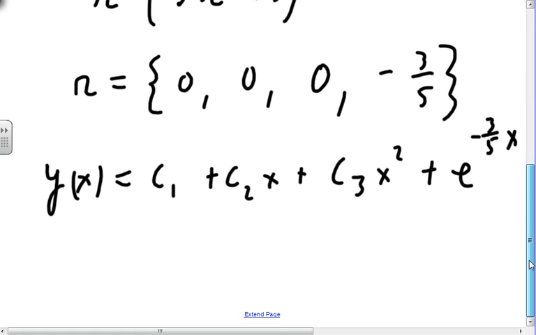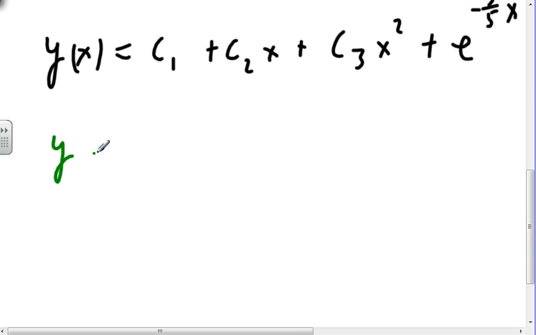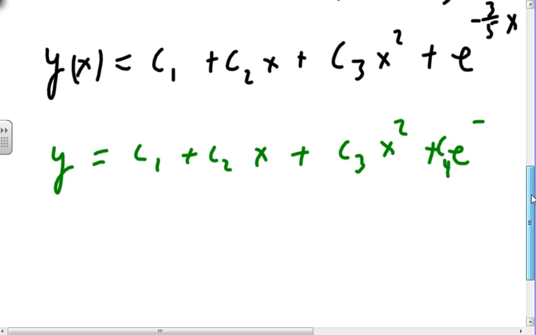And then it's not so obvious that that's the right answer, so we will check our work. y is c1 plus c2x plus c3x squared plus c4 e to the minus 3/5 x. There should be a c4 sitting there.